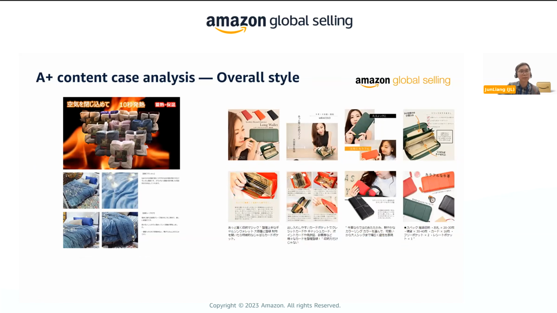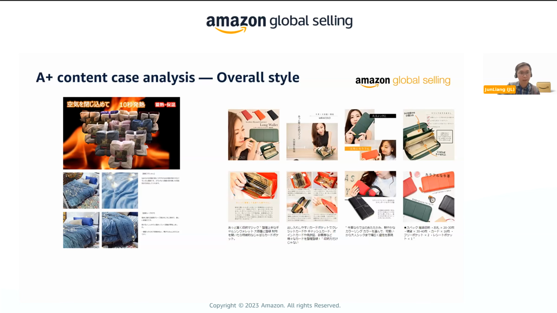Okay, let's look at the next one. I know this is in Japanese text. Sometimes I think text does make a difference in terms of the culture as well, but let's just assume these are English. What do you see? Do you think this is a good A+ content? Yes, or why not? It seems rather good.